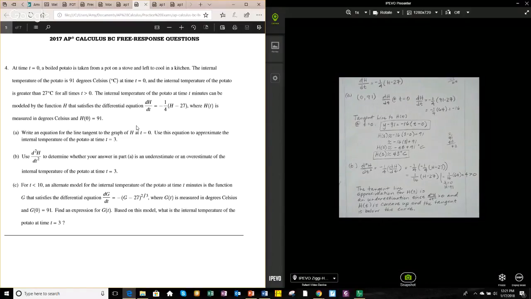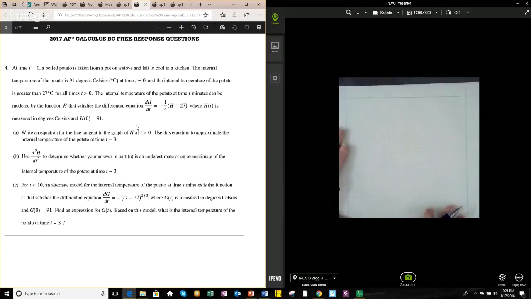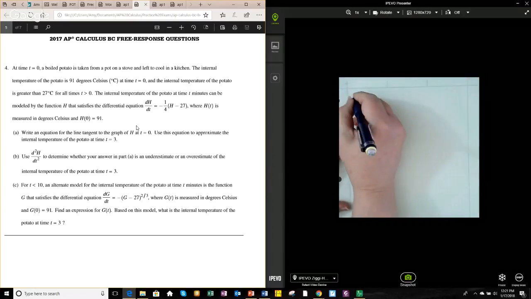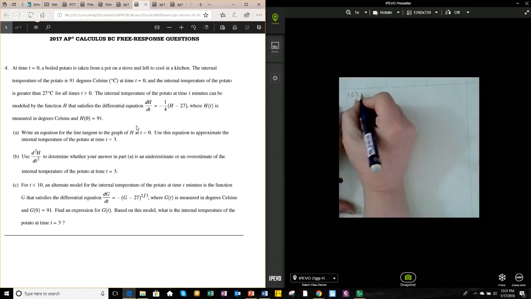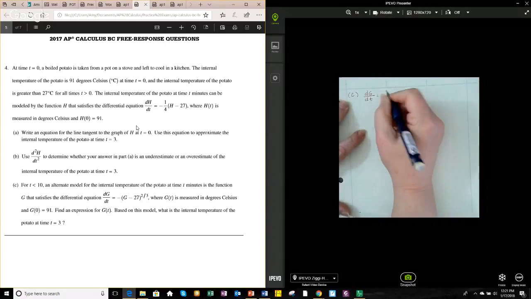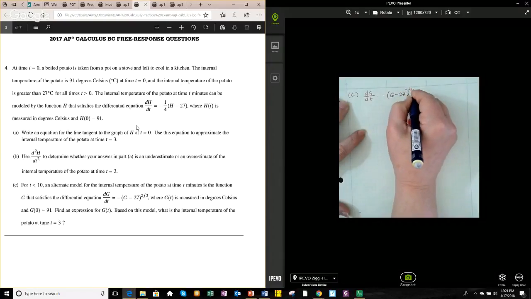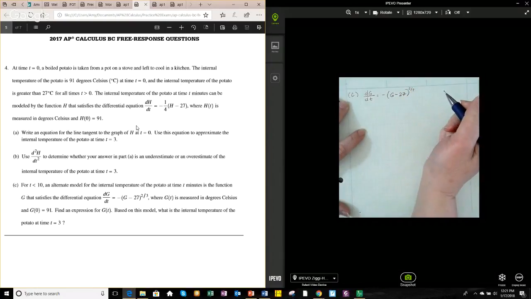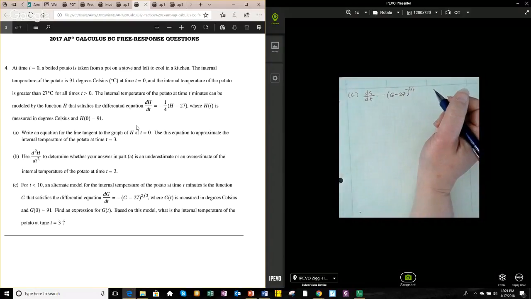And then part C says an alternate model for the internal temperature of the potato at time equals t is the function g that satisfies the differential equation dg dt is equal to negative g minus 27 to the 2/3, where g of t is measured in degrees Celsius and g of 0 is 91.